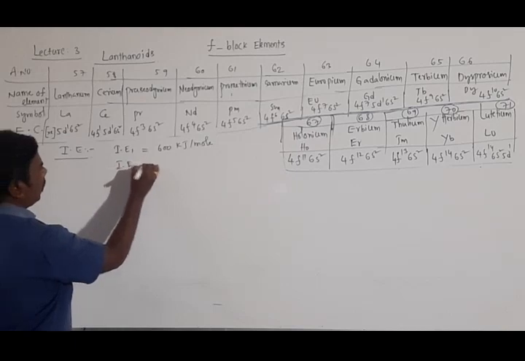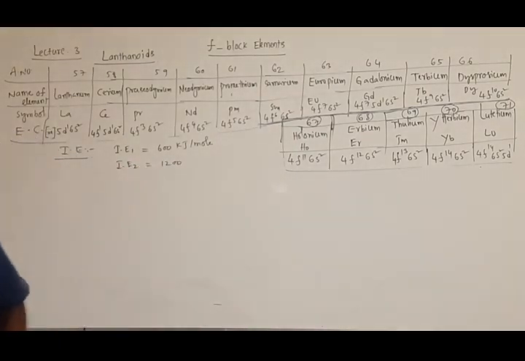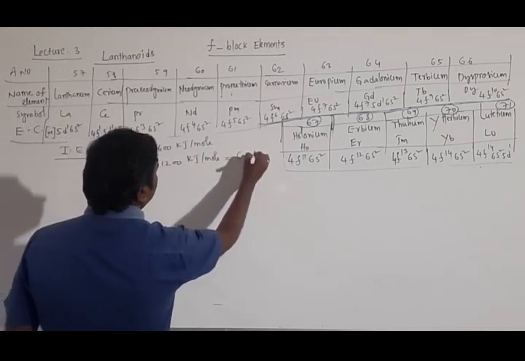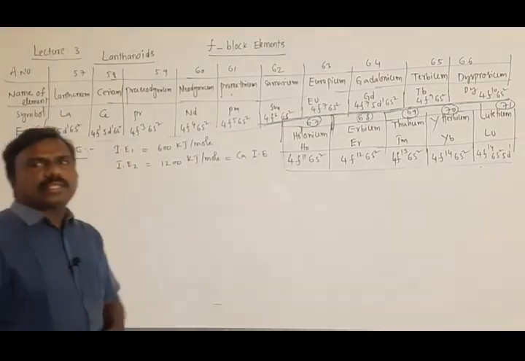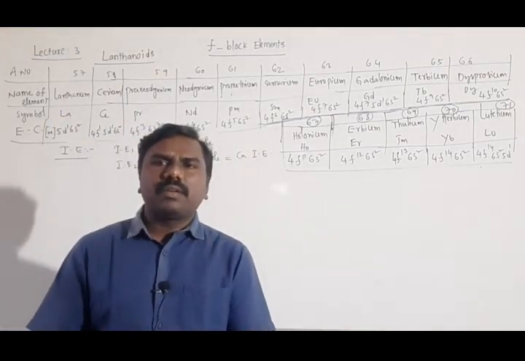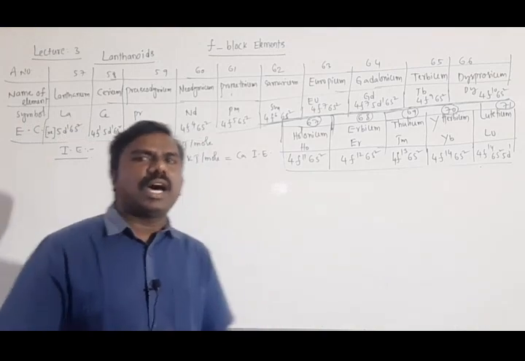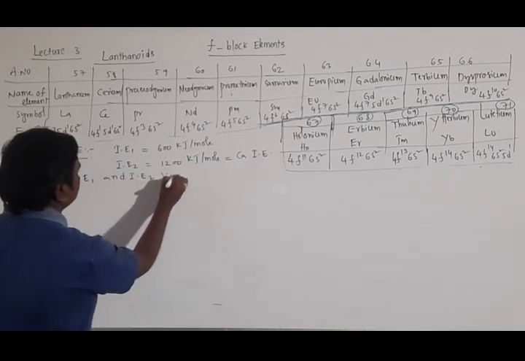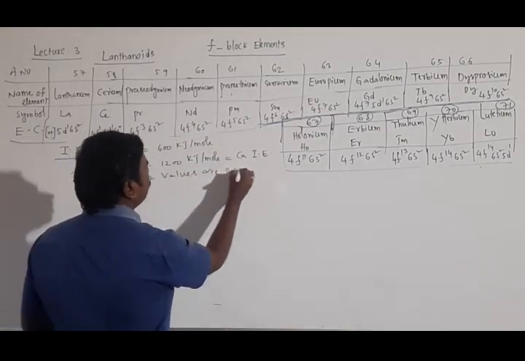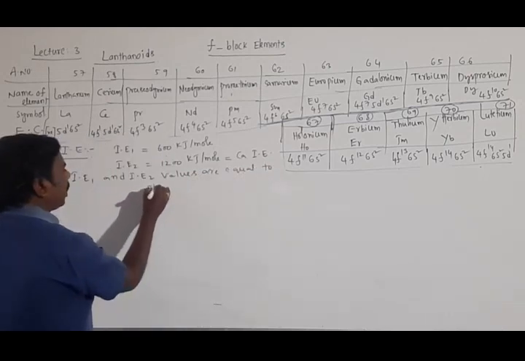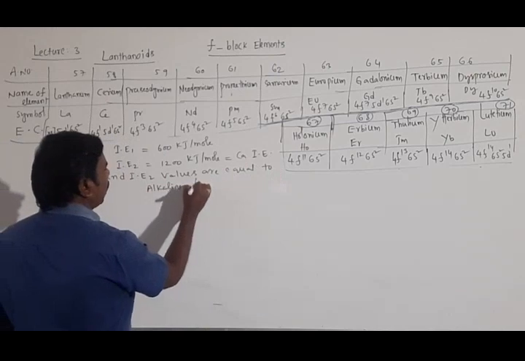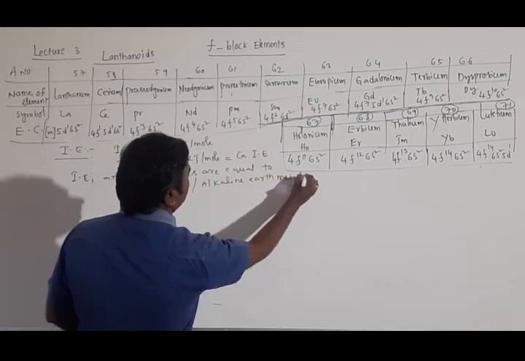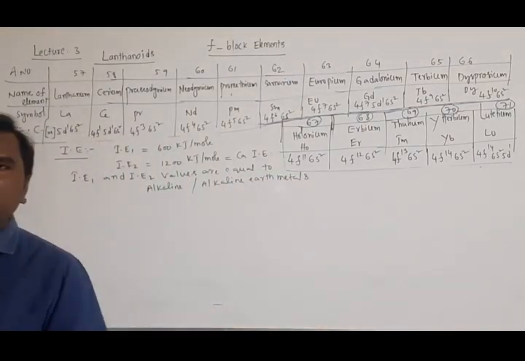To remove the second electron, the energy required is 1200 kilojoules per mole, which is equal to calcium's ionization enthalpy. It means these elements' IE1 and IE2 values are very close to alkali and alkaline earth metals, the first and second group elements.